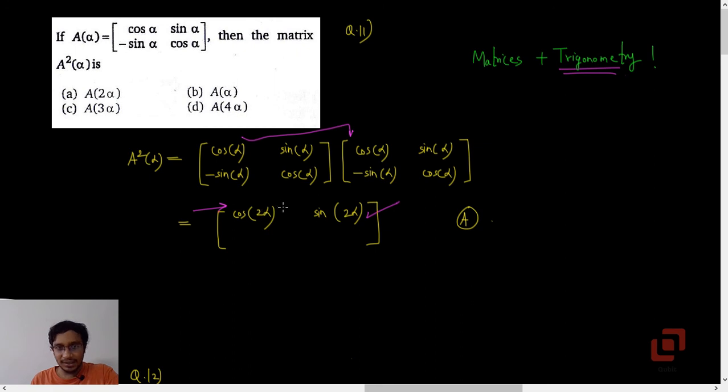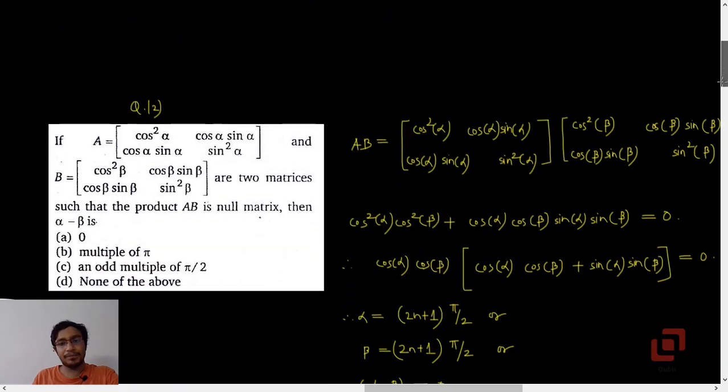Now these two entries are enough to establish that A squared of alpha is going to be A of 2 alpha, which means the first entry of A squared is cos of 2 alpha, and the second entry is sin of 2 alpha, whereas in the original matrix it is the single angle alpha. So A squared of alpha is A of 2 alpha, option A.